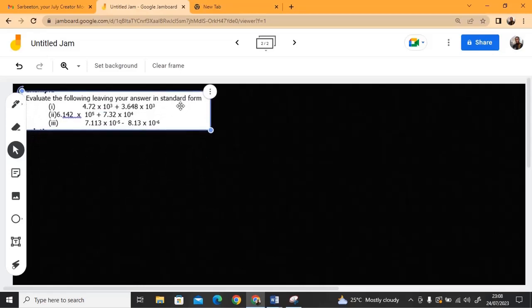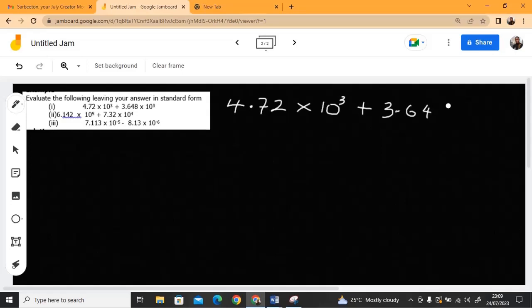In this question, they said evaluate the following in standard form. This is addition. How do you go about this? This is what you are given: 4.72 times 10 raised to the power of 3 plus 3.648 times 10 raised to the power of 3.